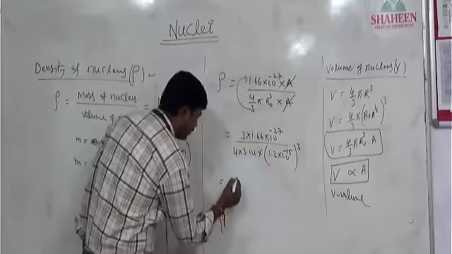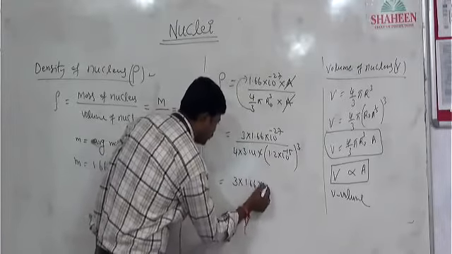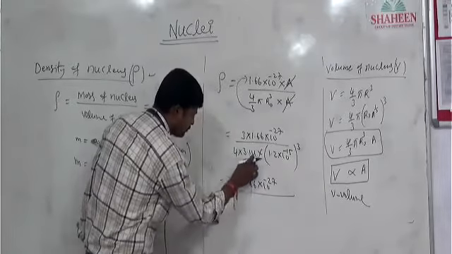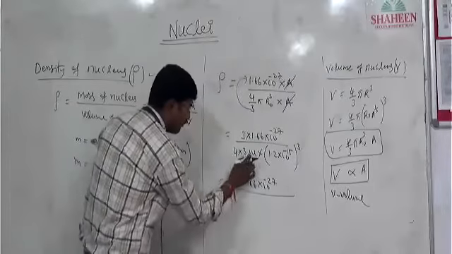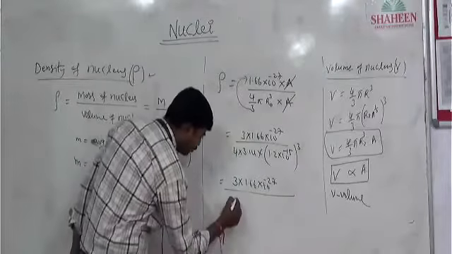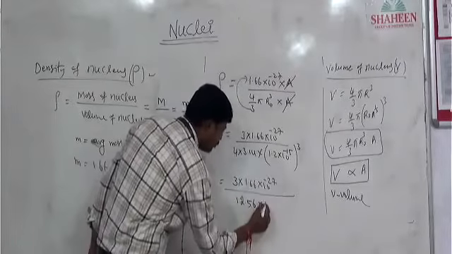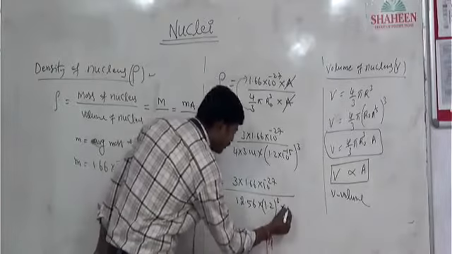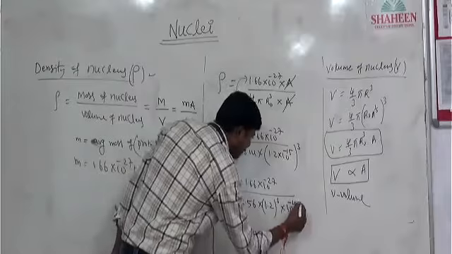Then I am simplifying this further. 3 into 1.66 into 10 to the power of minus 27 divided by 3.14 into 4, which is 12.56, into 1.2 whole cube, into 10 to the power minus 15 whole cube, which means 10 to the power of minus 45.